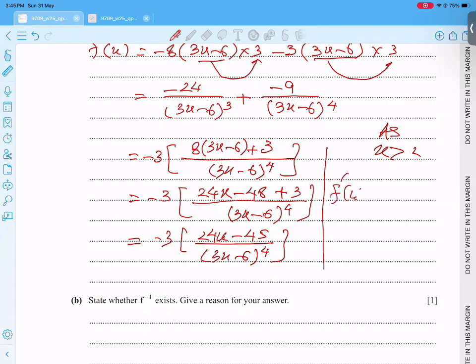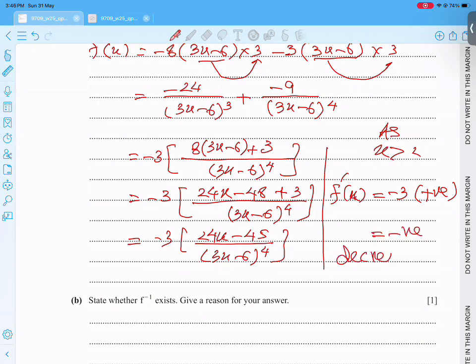So f dash of x, f prime, is equal to negative 3 times a positive value. Even if I plug in 2 here, the whole power is even, so this will be a positive answer. Only this negative 45 was creating a problem, but when I plug in 2 it gives us a positive. As x increases, 3, 4, 5, 6, 7, this value will remain positive. That is why it's a negative answer. It is a decreasing function.